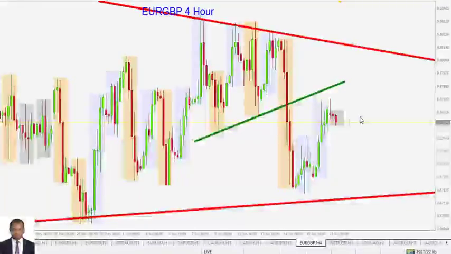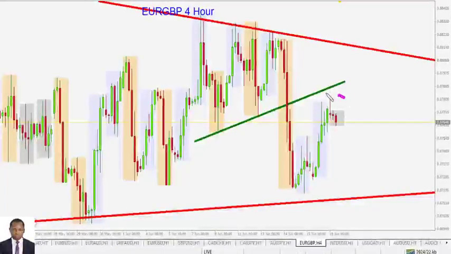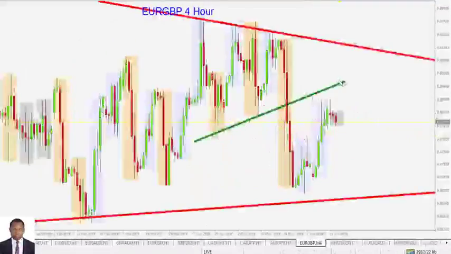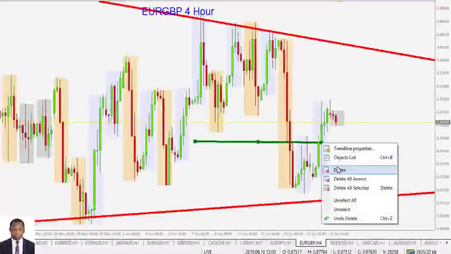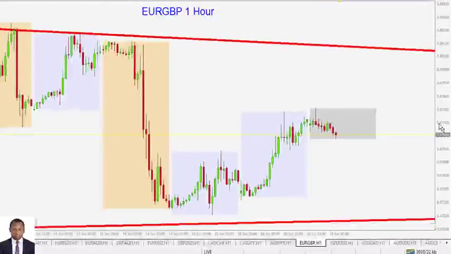Euro against the sterling pound, starting around resistance area, but again still mixed. Just try to avoid this for now. If there's going to be any possible entries, I will let you know.